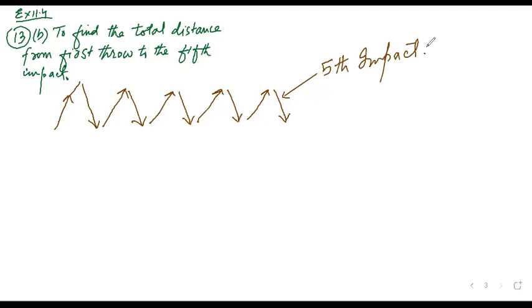So what we will do, the sum formula is Sn is equal to, because the value of r is in between -1 and +1, we will use this formula: a into 1 minus r power n upon 1 minus r.